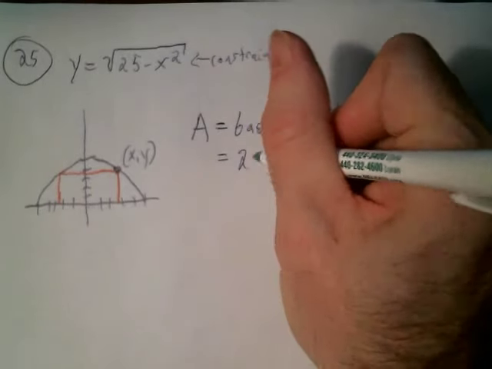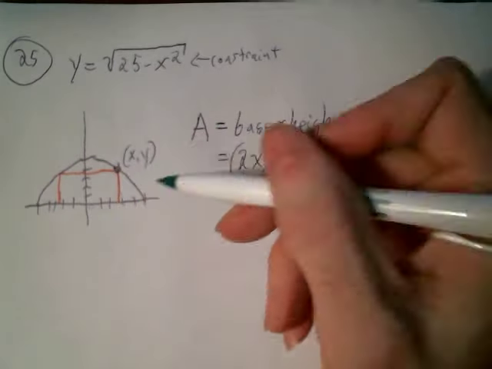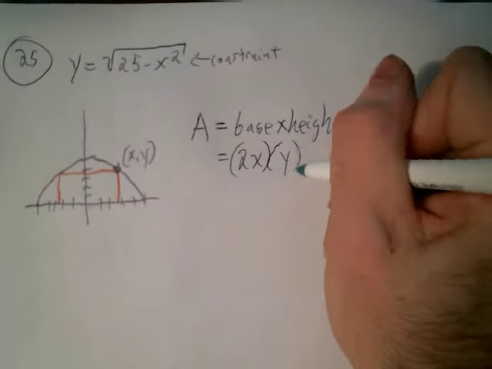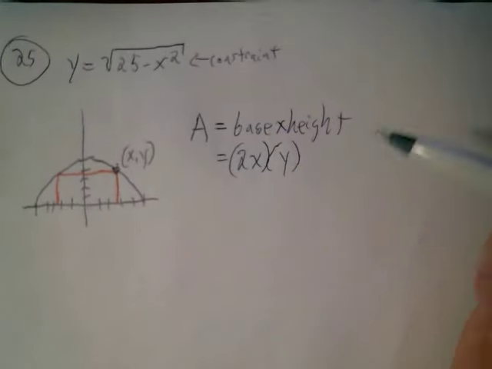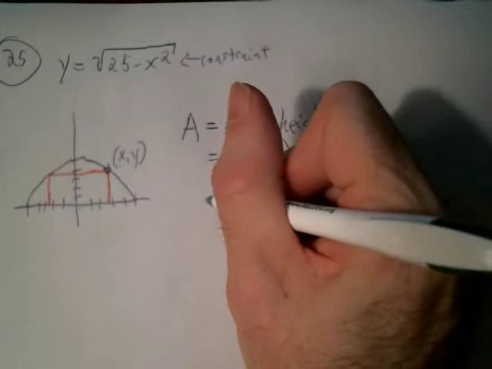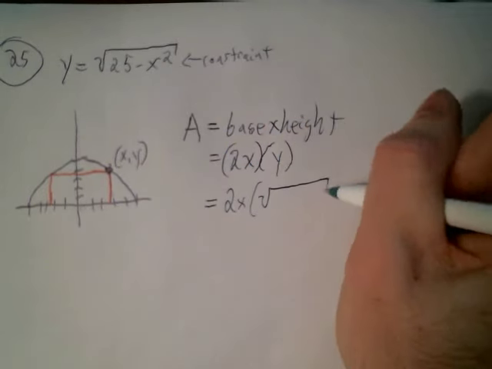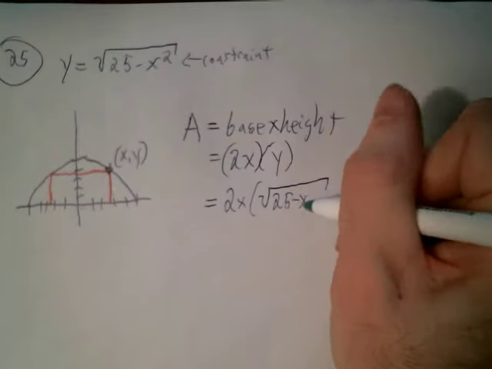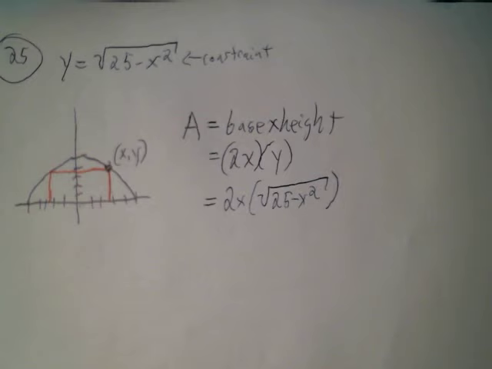So the base is 2x and then times the height, which is y. Okay. Then to reduce the number of variables, you use the constraint formula. So I got 2x times the square root of 25 minus x squared. And then this thing becomes the formula we want to optimize.